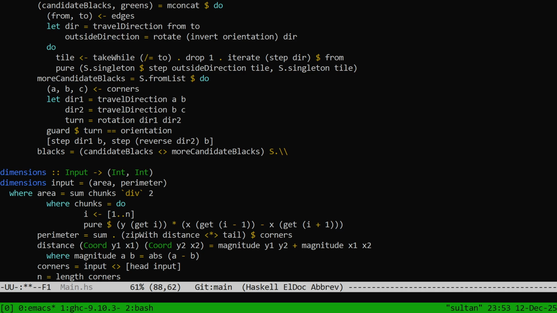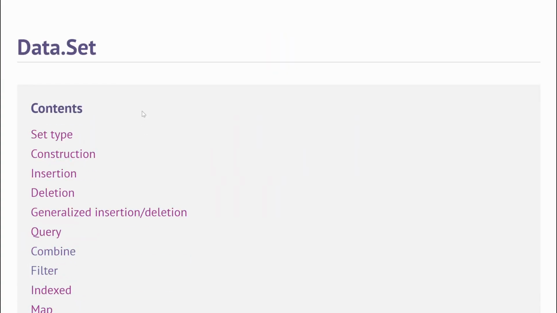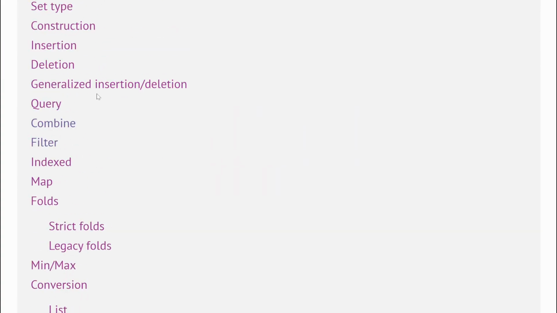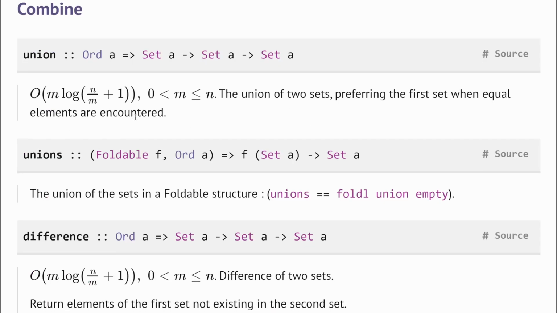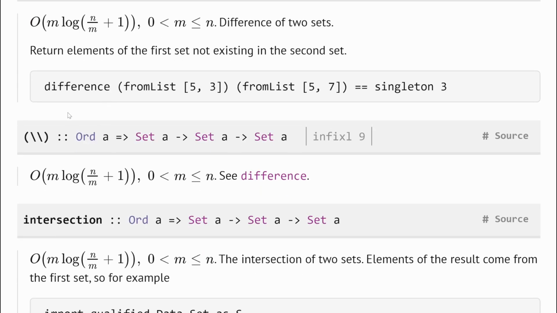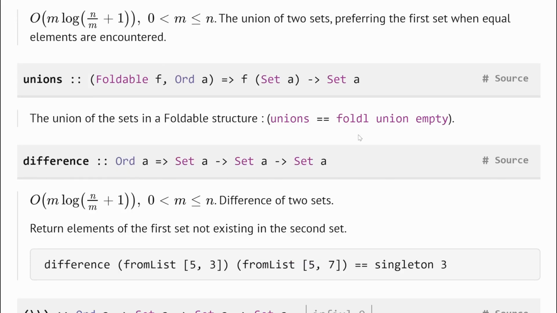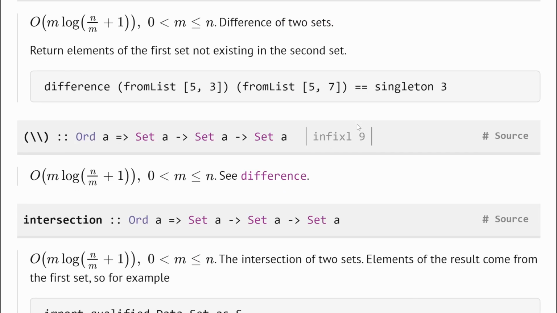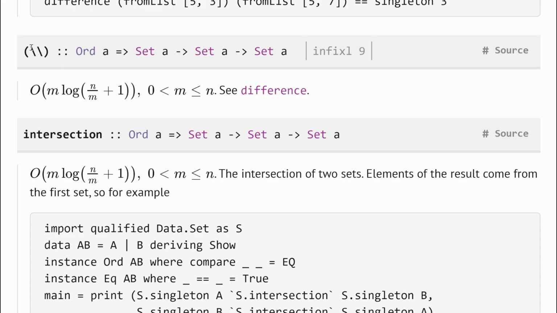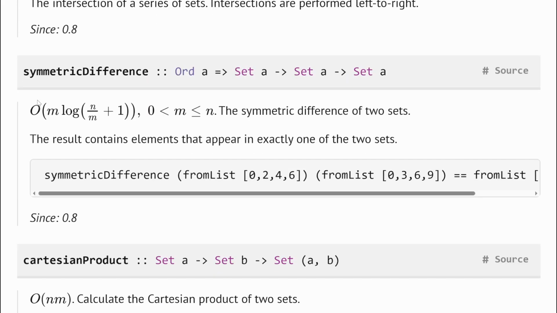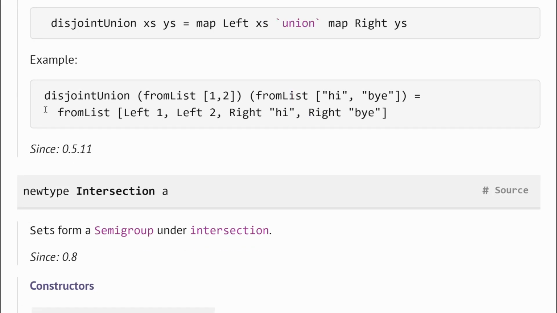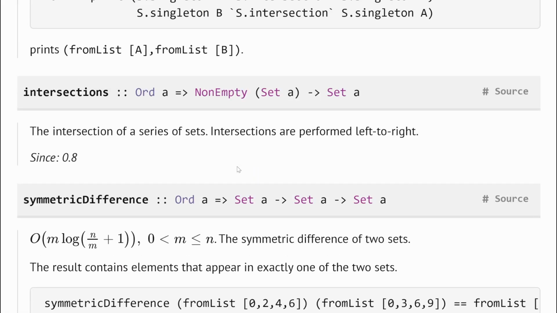Loading. Google's slow today, and the last couple times I've recorded. Sometimes you get results fast, sometimes you get them slow. Combine. Yeah, difference is what I want. But there's not like a differences function. You just have to difference twice.